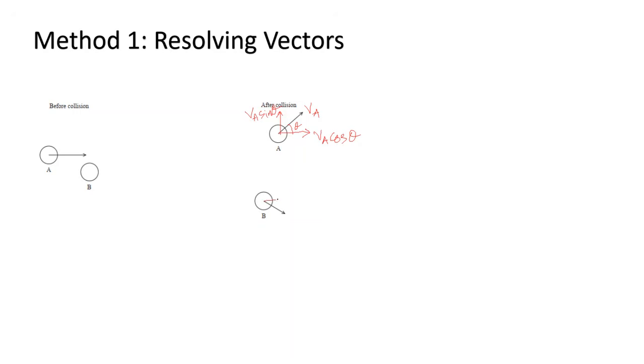And let's say if the angle is with the horizontal, and let's call this final velocity of B, this cannot be theta, actually let's call this theta 1 and let's call this theta 2. So the horizontal component would be VB cos theta 2, and the vertical component would be VB sin theta 2. Now resolving is done.